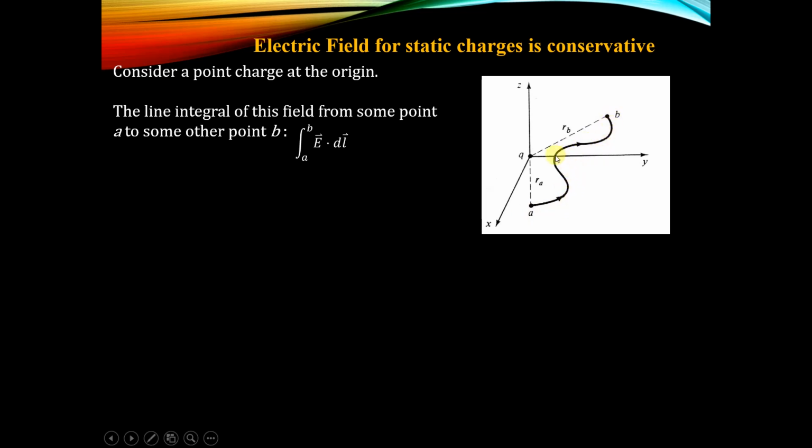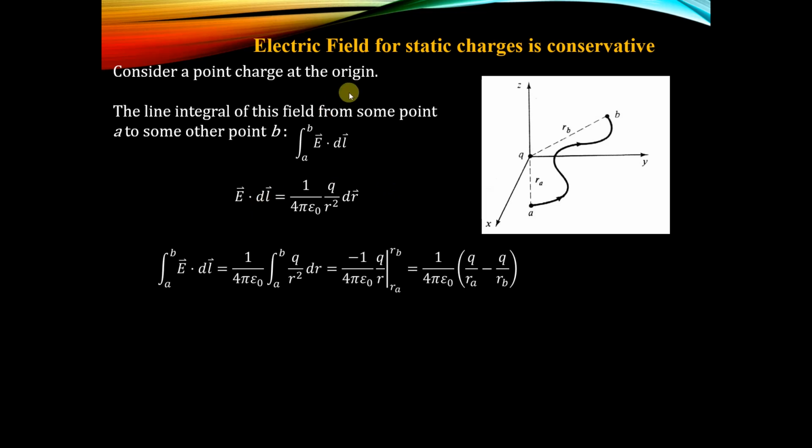I can consider something like a wire here, and let's see what is the field acting here, say from point A to point B. Since this is just a curve, I can find the total field as integral A to B E dot dl. If I bring in the Coulomb's law, instead of E, I can write 1 by 4 pi epsilon naught q by r square, and instead of dl, I can write dr.